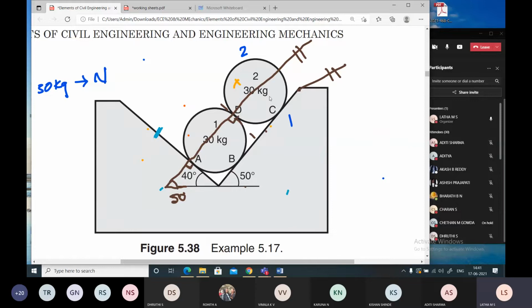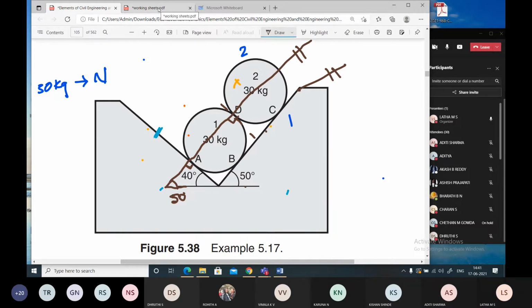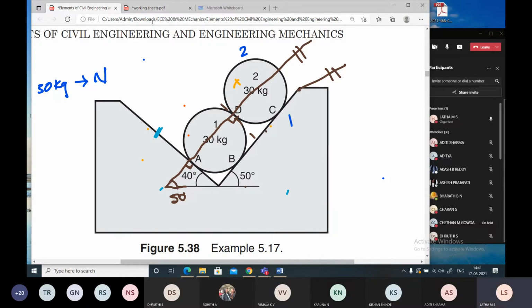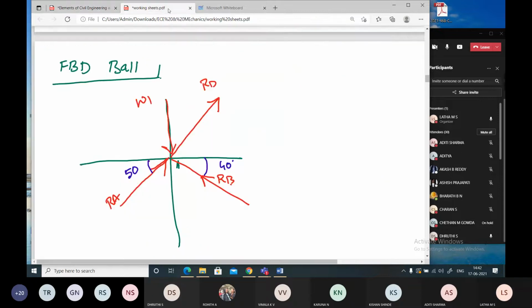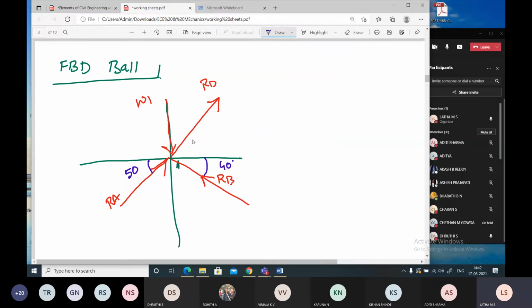So eventually you find this RD is inclined at an angle of 50 degree. Did you understand, students? Students, can you hear me? Yes, ma'am. So this angle I can report as 50 degree.